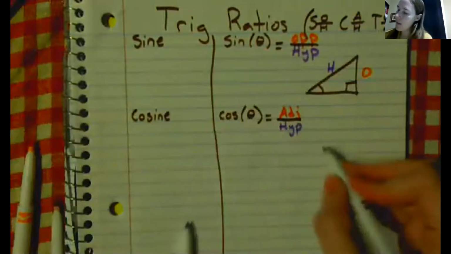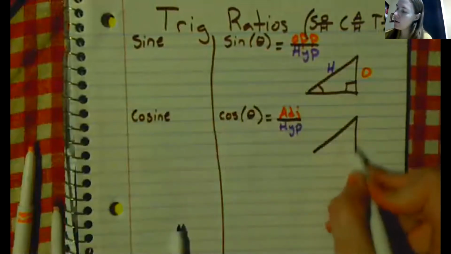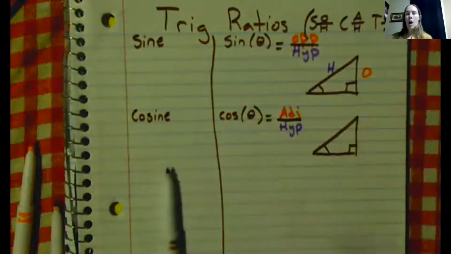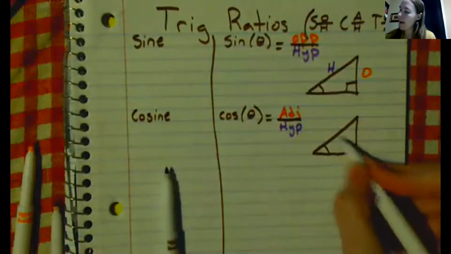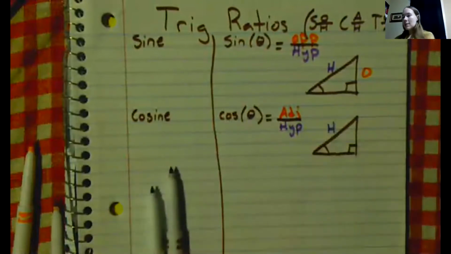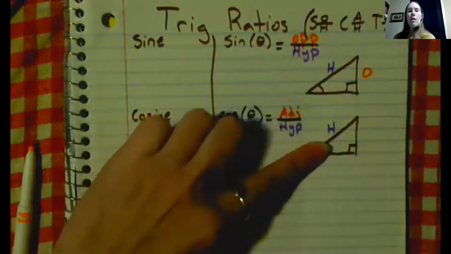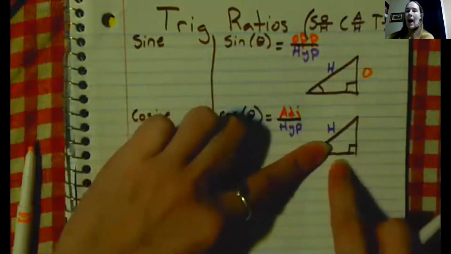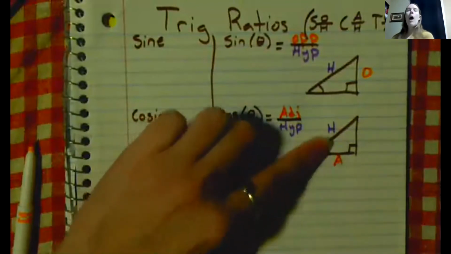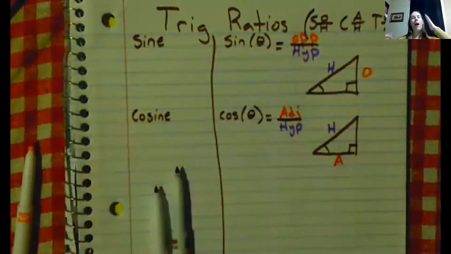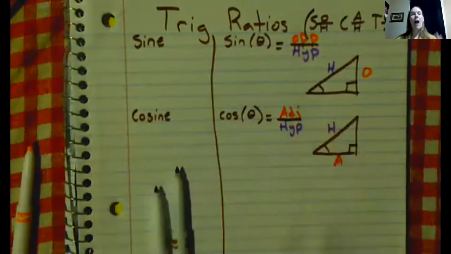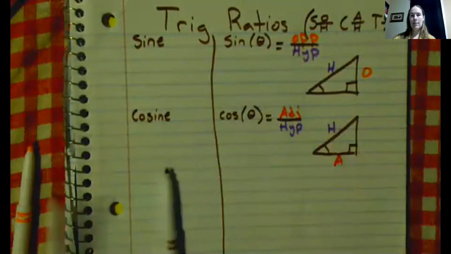And again, say we have that right triangle. Our reference angle is this one. Our hypotenuse, we find it whatever our right angle is pointing at. Our adjacent is the one that our reference angle is touching. So our adjacent. And remember, our reference angle always touches our hypotenuse and our adjacent. So it's important to label our hypotenuse first.